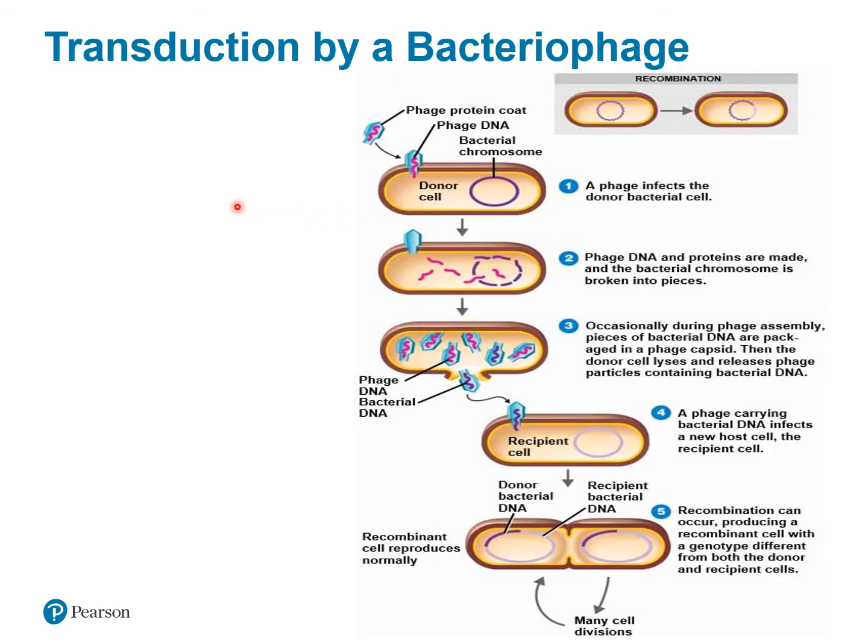We've already talked also about transduction previously, and transduction is another way of how bacteria can end up with new genetic information, and it involves a bacteriophage. So the bacteriophage, as it infects the bacteria cell, it goes ahead and injects its DNA, which gets integrated with the bacterial DNA.